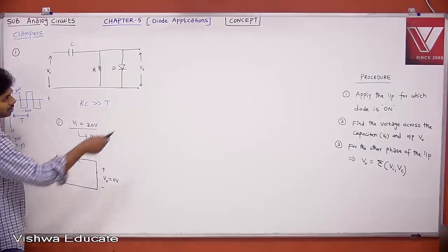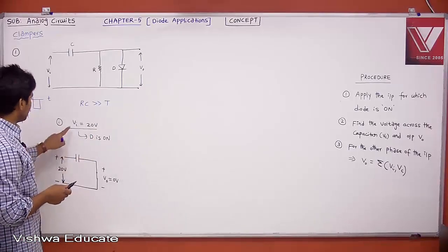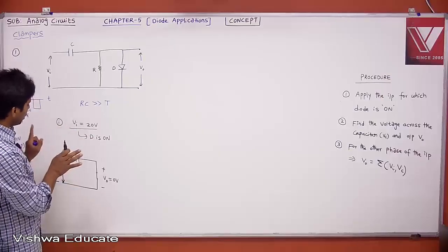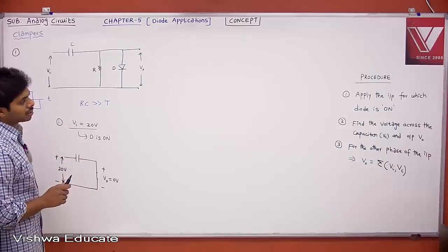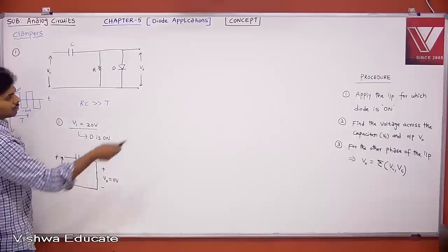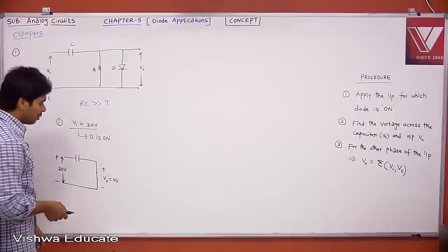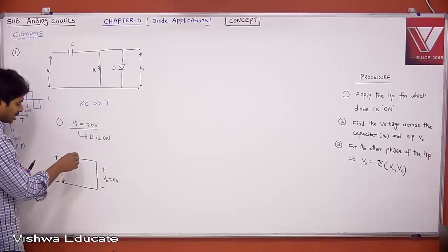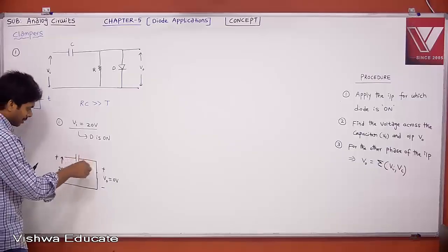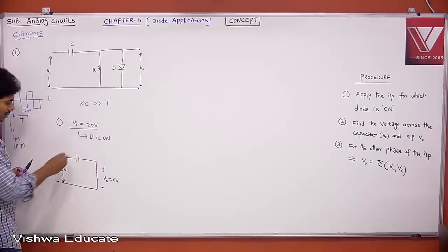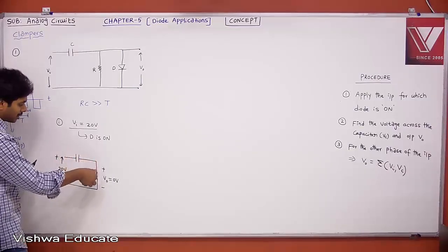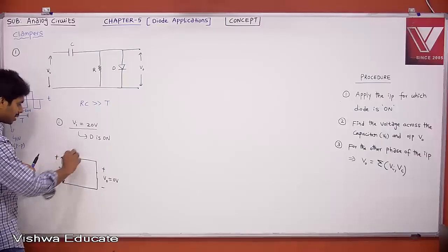Now, what is the second step? We applied the input for which the diode is on. Once you know the diode is on, second step, find the voltage across the capacitor and V0. V0 we already got, which is 0. What is the voltage across the capacitor? When this is a short circuit, the capacitor comes in parallel to your input. Therefore, your capacitor will be charged immediately.